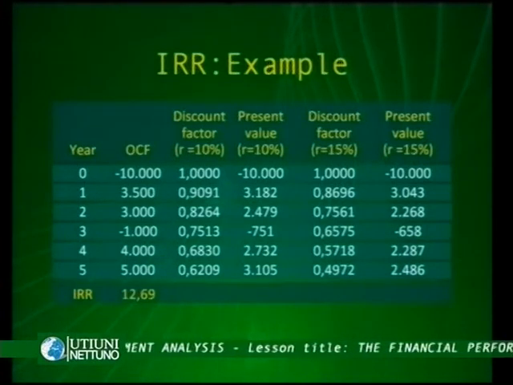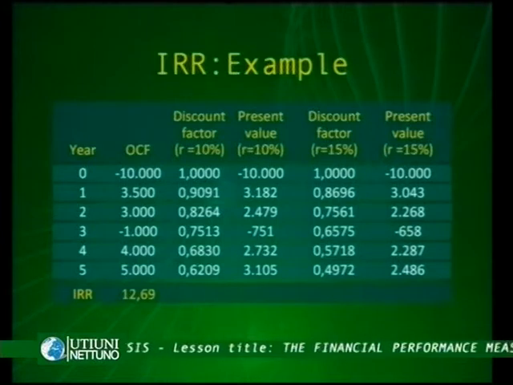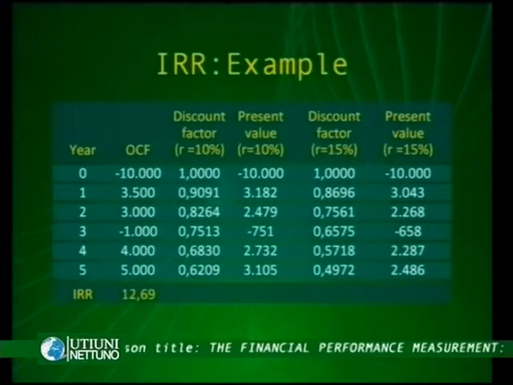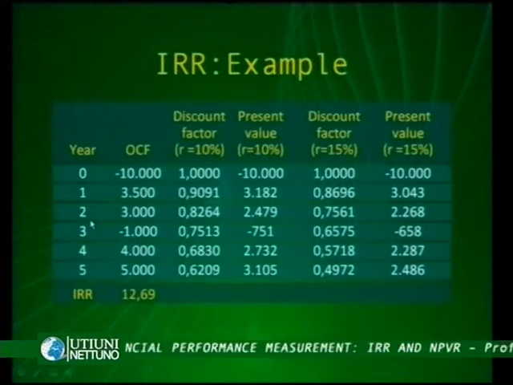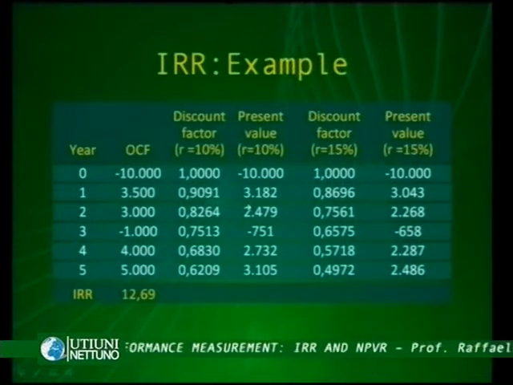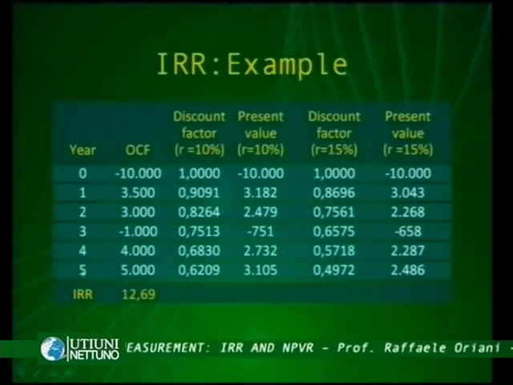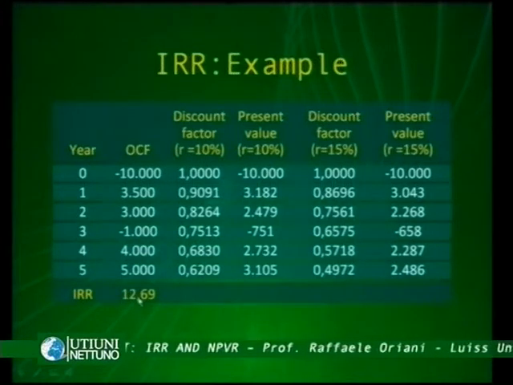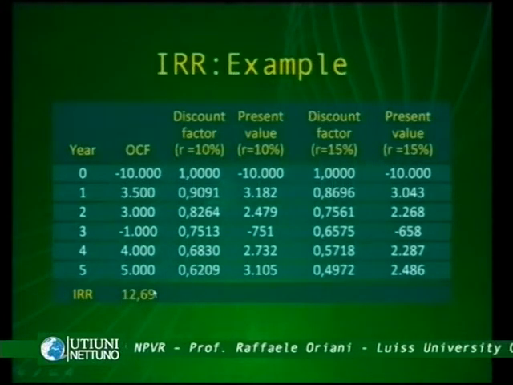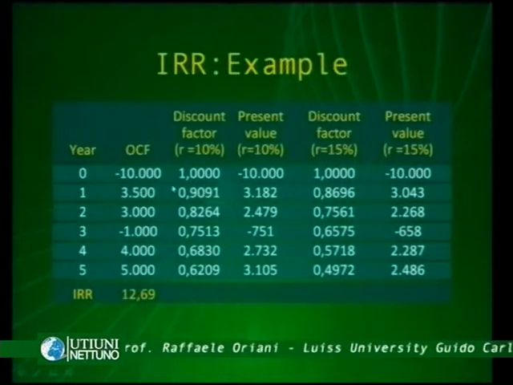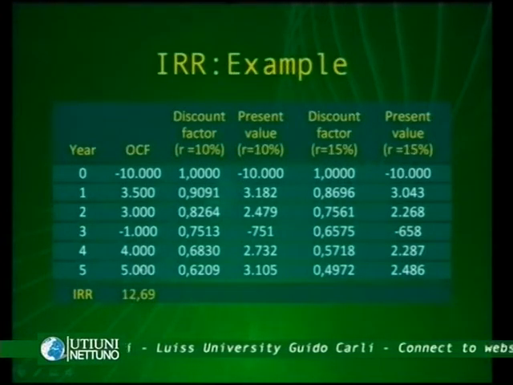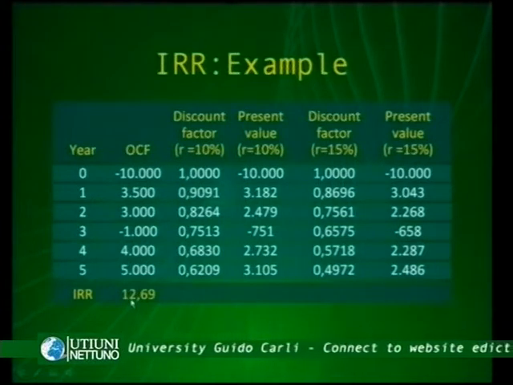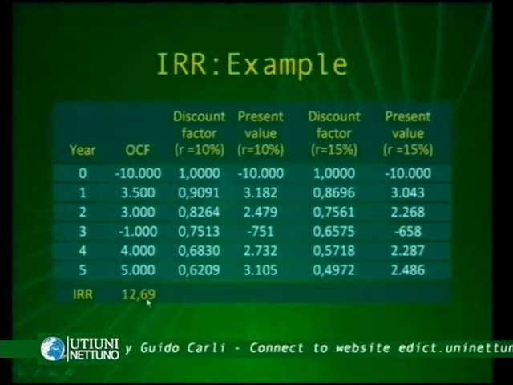So the IRR is calculated by using the formula we saw before. We set the formula for calculating the NPV of these cash flows, we set the NPV equal to 0, and we solve this equation for the IRR, and the result is that the IRR is 12.69%.